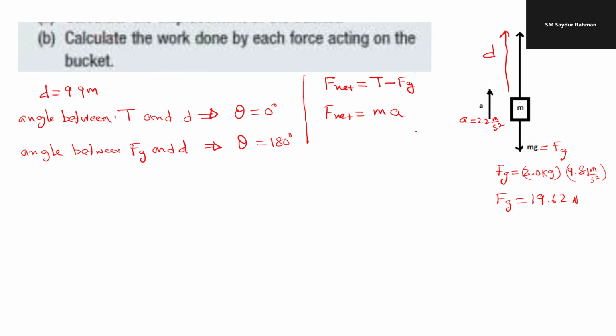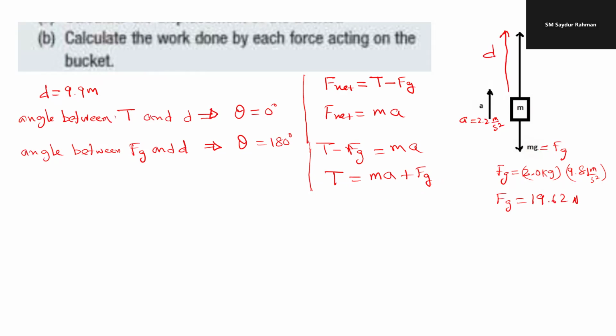Acceleration is given, it is upward, and it's positive. So combining these two, T minus Fg is equal to ma, right? Then we can isolate T, Fg on the other side. So T is equal to ma plus Fg.